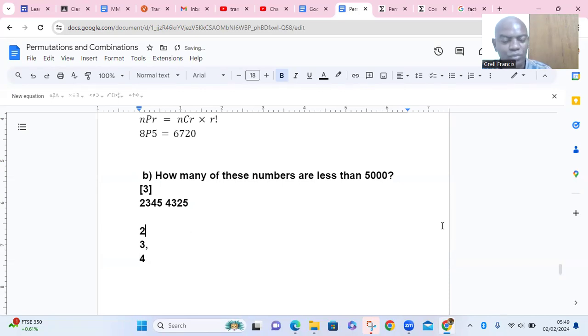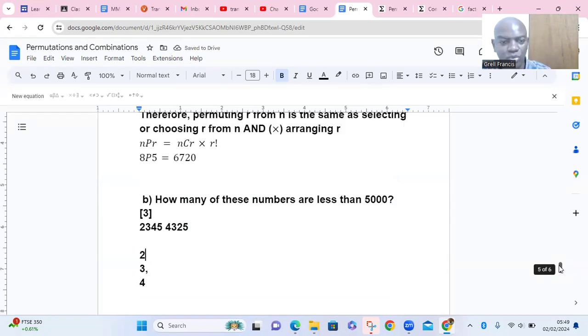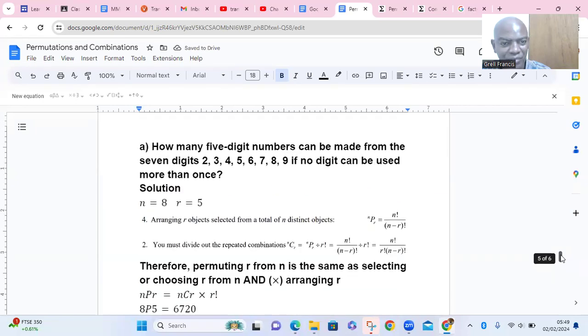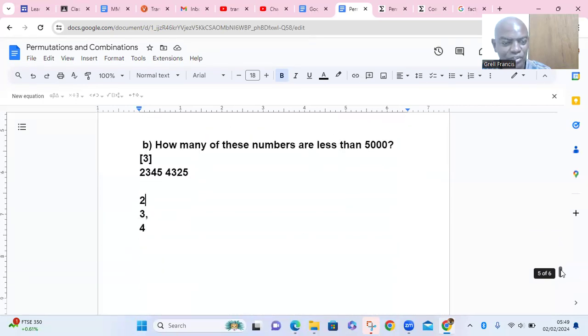If we fix the 2, remember no repetition, and we've got 8 digits, and we're writing 5-digit numbers, so we need 4 more to complete our 5-digit numbers that begin with 2, and the same goes for 3 and 4.